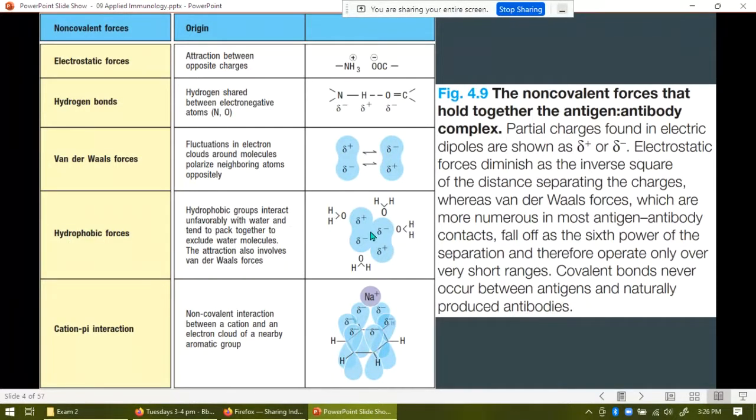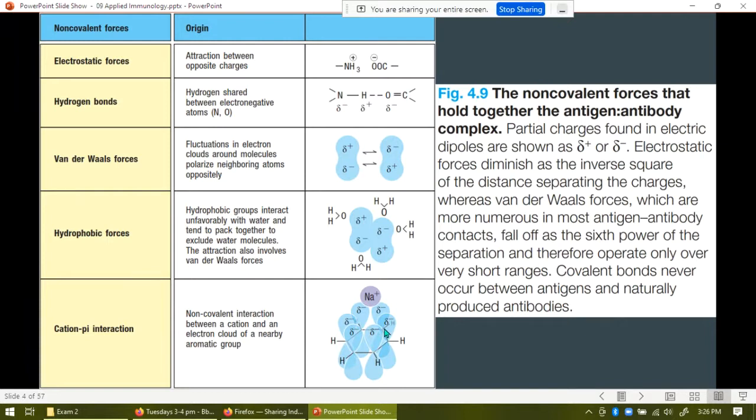Hydrophobic forces, of course, staying away from water, with the van der Waals forces holding them together as well. So hydrophobic forces, and van der Waals forces are one example of that. And then a new one that they added in this edition of Janeway is the cation-pi interaction.